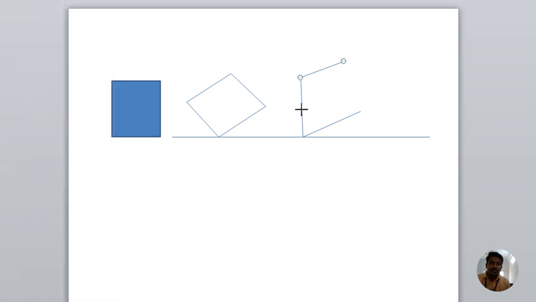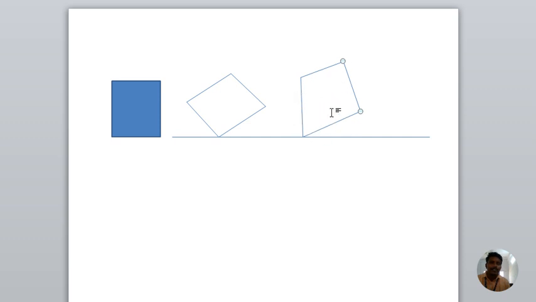Take the reference of this A and D, and this parallel line is drawn starting from here. This is the end point.